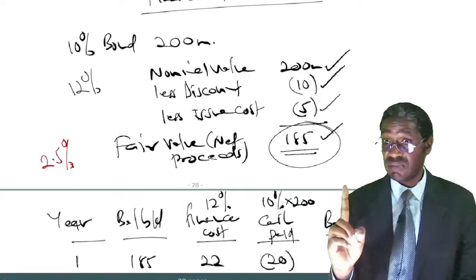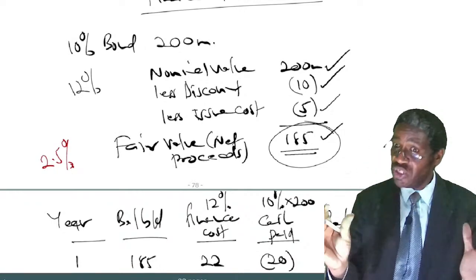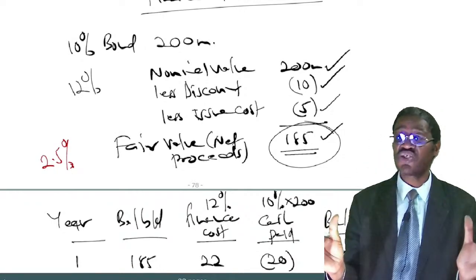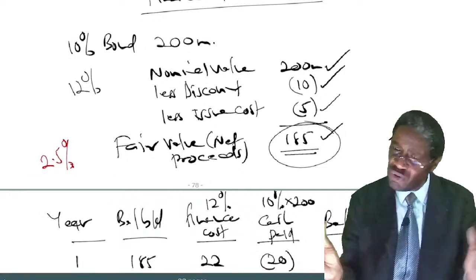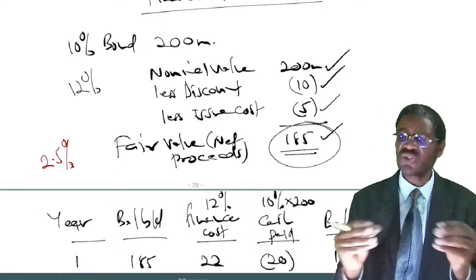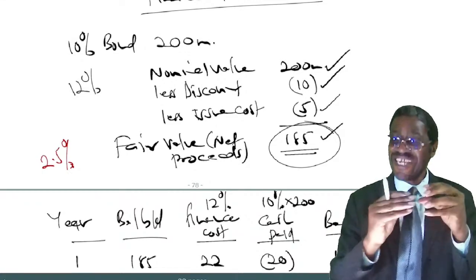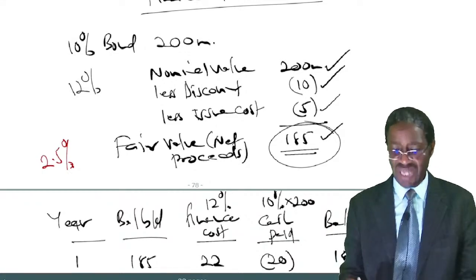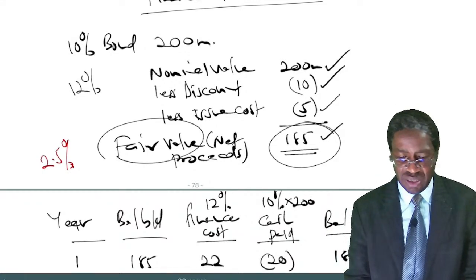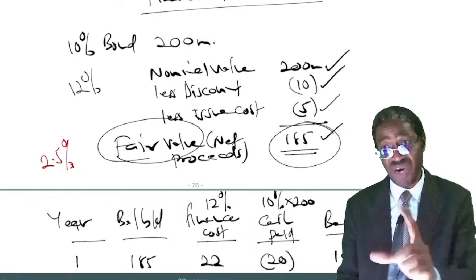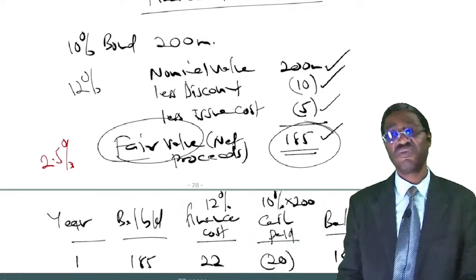Get the nominal. If there's any discount you're issuing, you minus. If there's any flotation cost or issue cost, you minus, to get the net proceeds. That net proceeds becomes the fair value.